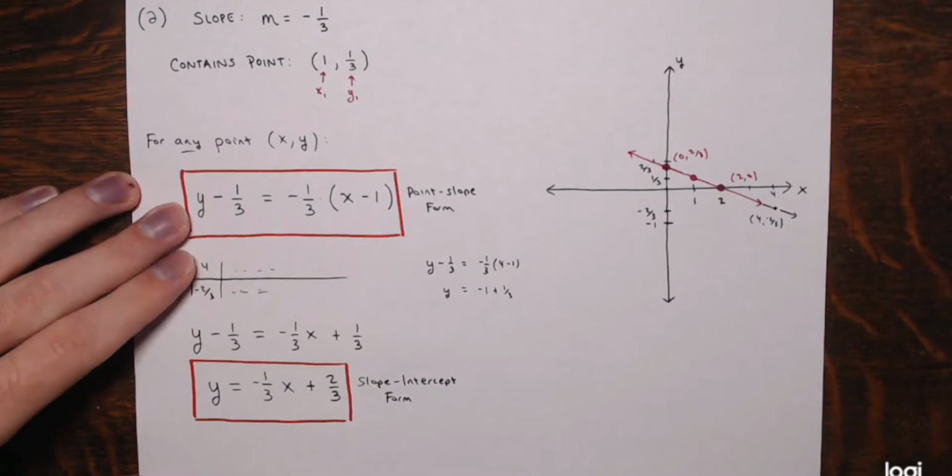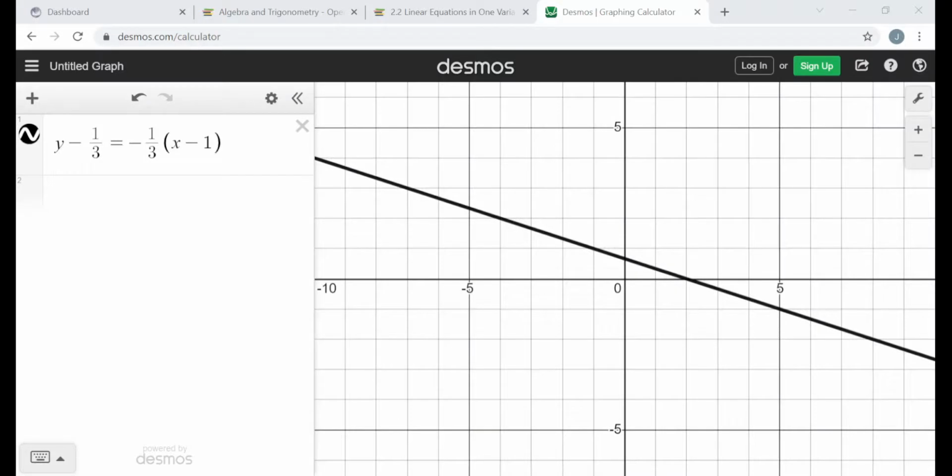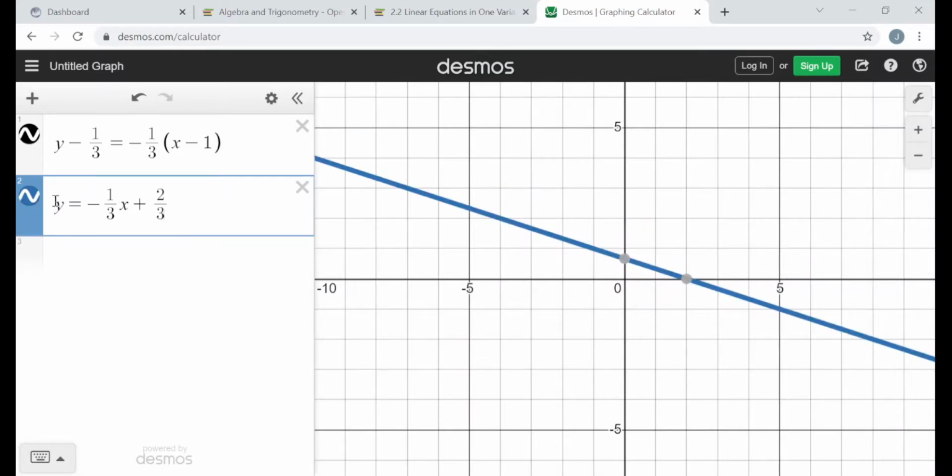Excellent. And again, I'll pop that into the Desmos site, and we'll see that it's exactly the same equation. Gives us the same points, the same line. Y equals negative 1/3 times x plus 2/3. And see, it's the exact same line. Shows up right on top of the other one.